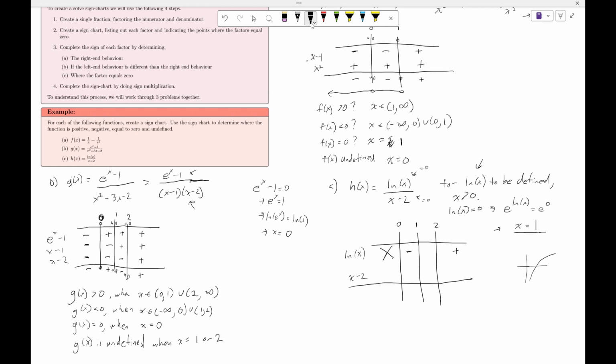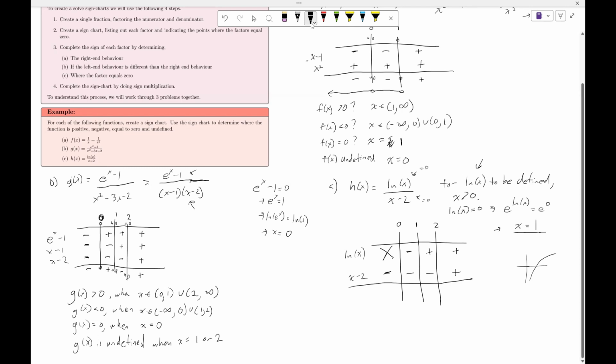And again, now we have this negative to positive. Where does it change sign? It changes at x equals 1. For x minus 2, my right-hand behavior is positive, my left-hand behavior is negative. And I change sign at x equals 2. So I go from negative to positive about x equals 2.